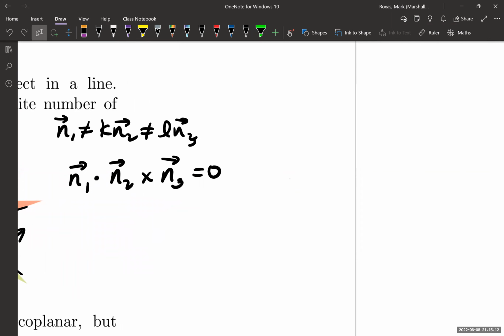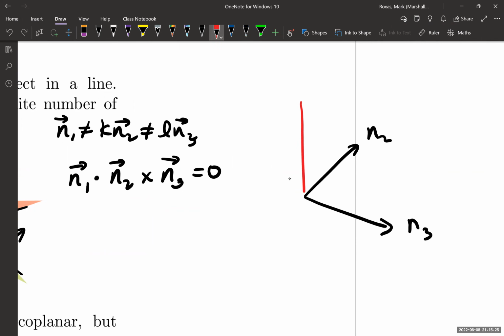So if you have two vectors, here are two vectors, and let's say this was n2 and n3, and I found the cross product, and the cross product produced this vector. By the nature of the cross product, that vector is perpendicular to n2, and it's also perpendicular to n3.